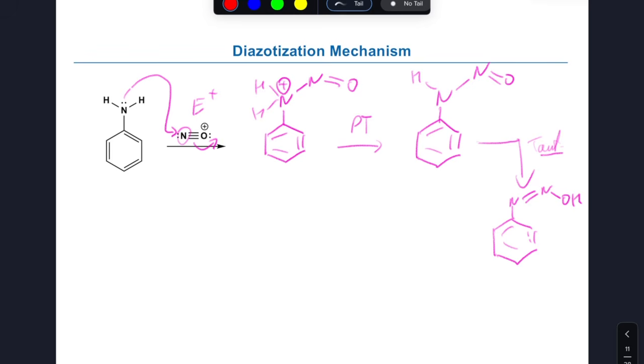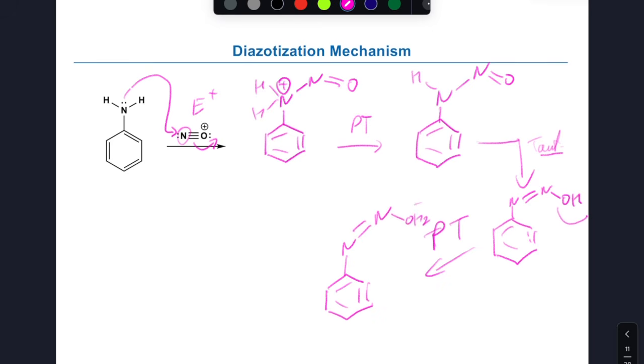After that tautomerization, now we're set up to lose water over here. So if we imagine another proton transfer step, we're going to protonate on that distal oxygen. So now we have nitrogen double bonded to nitrogen, OH2 plus, and we have our lone pair here.